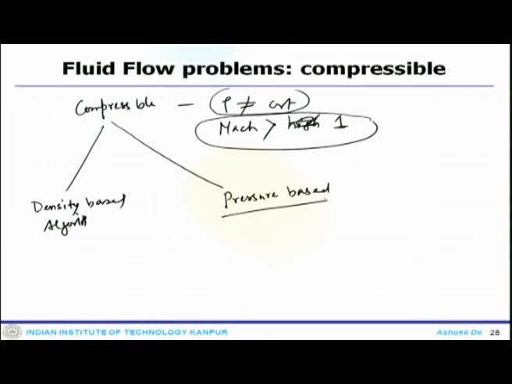When deriving the equations for the incompressible case we did not bother about density too much, though we retained the density in the terms. So, a similar algorithm we can directly extend for the compressible cases. The density based algorithm is not the scope of this particular lecture; one can talk about that in detail in a separate lecture because it has different kinds of issues altogether. So, right now we will concentrate on the pressure based algorithm.